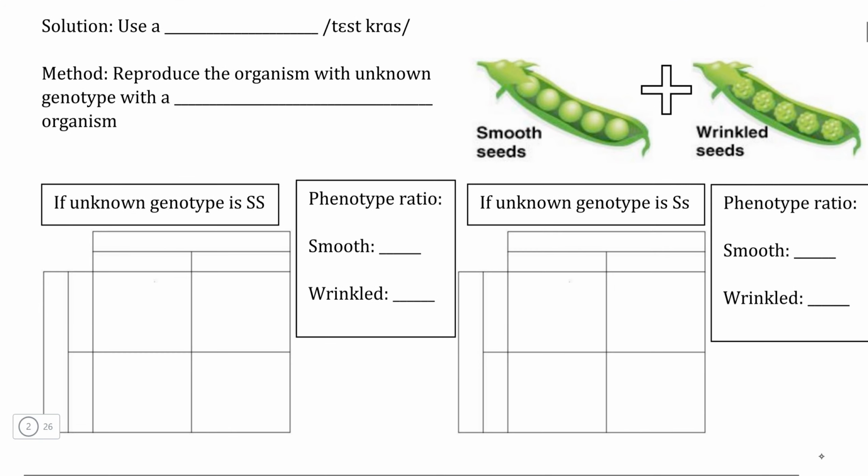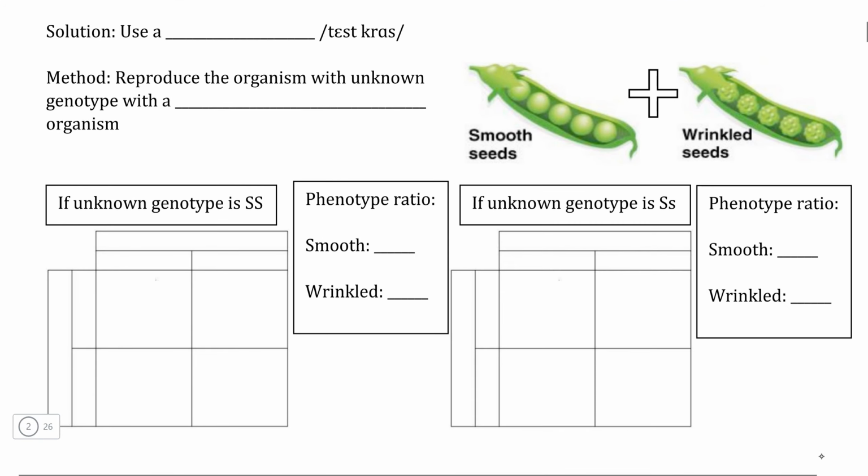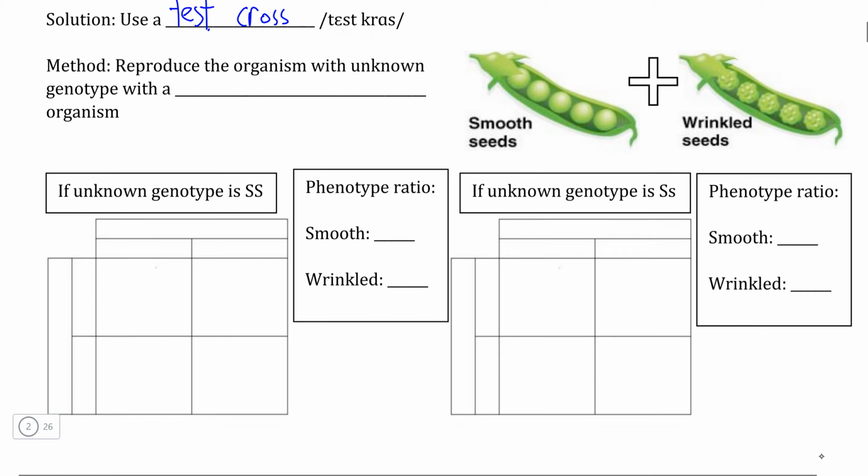This brings us to the last of the first 3 experiments that Gregor Mendel did, which is what we call a test cross. Let me just rewrite the word test more neatly before we explain what a test cross is. So once again, the problem is that Gregor Mendel was not able to distinguish whether a smooth-seeded pea plant was homozygous dominant or heterozygous.